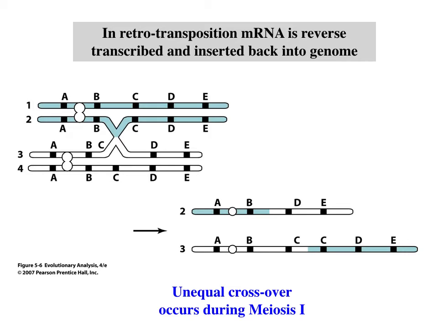And the number 3 sister chromatid, which eventually becomes the chromosome for a new gamete, has an overrepresentation of one of those genes, the C gene. Once this happens, this is the gene duplication. You now have a gamete that has two C genes.